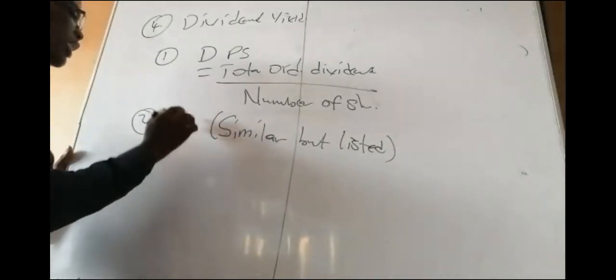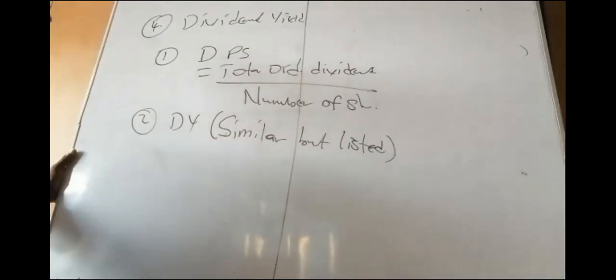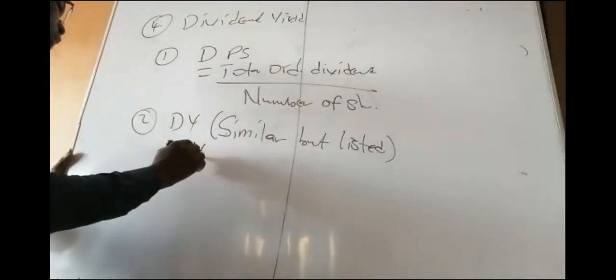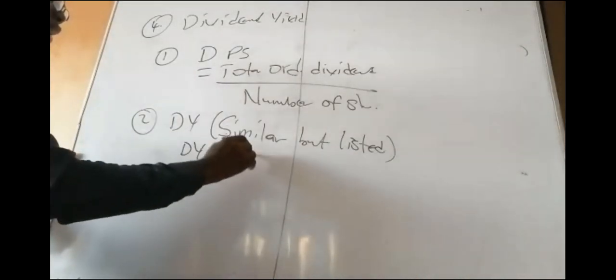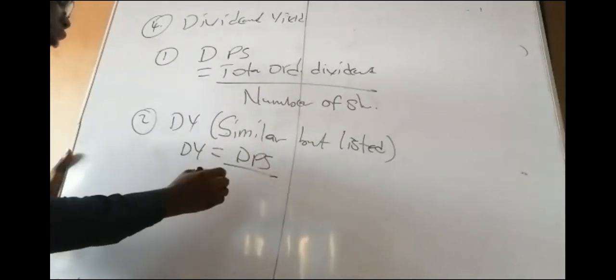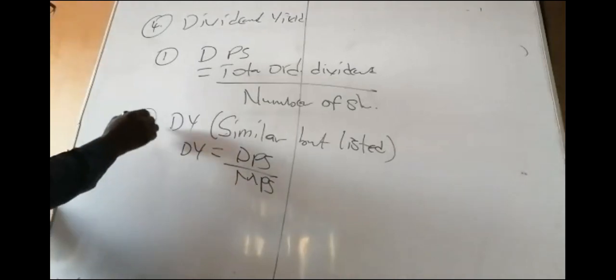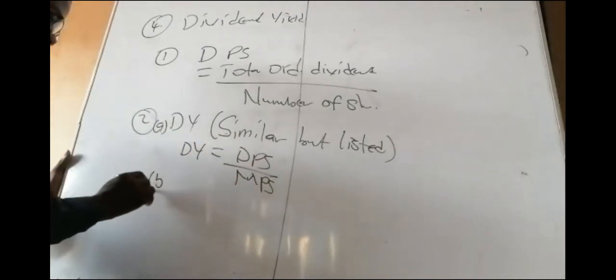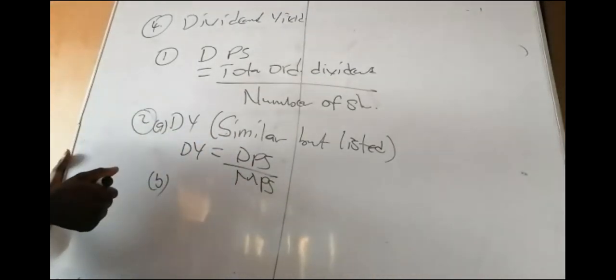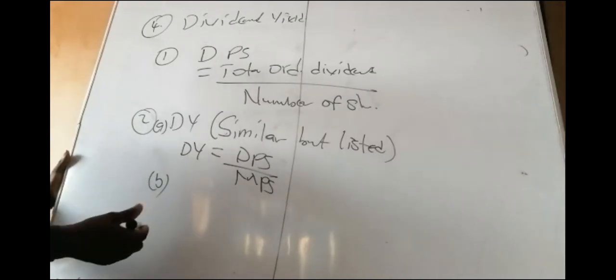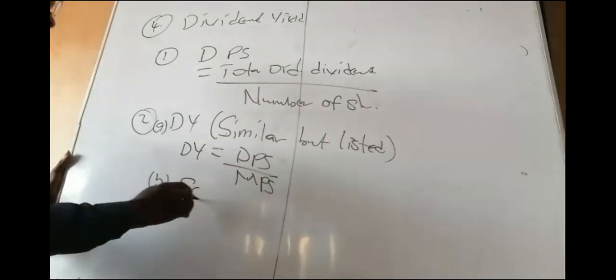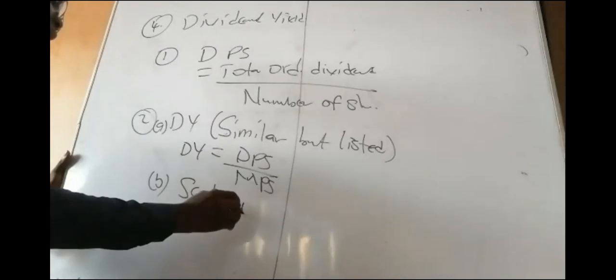How do you get the dividend yield for that similar company? The dividend yield is equal to the dividend per share of the company divided by the market price per share. Then this is A. B, you scale it upwards with the risk factor. Scale up.